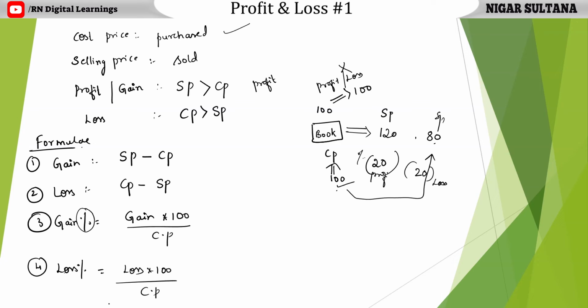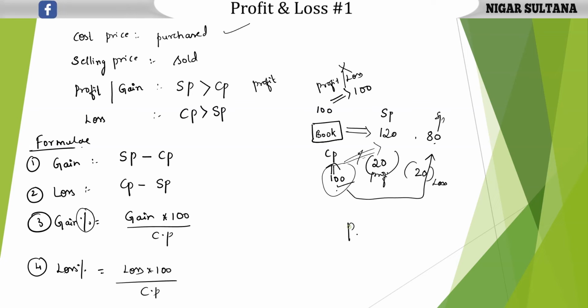Now you might have observed that we have been using the cost price. Why are we using the cost price? Because there is no change in the cost price. See, the selling price can change. The cost price of the book is 100 rupees, now this can be changed to 120.